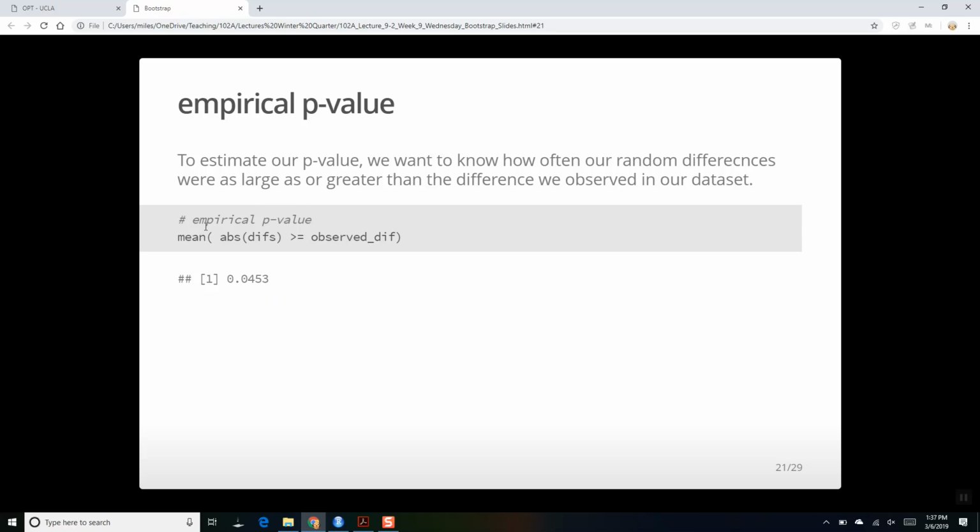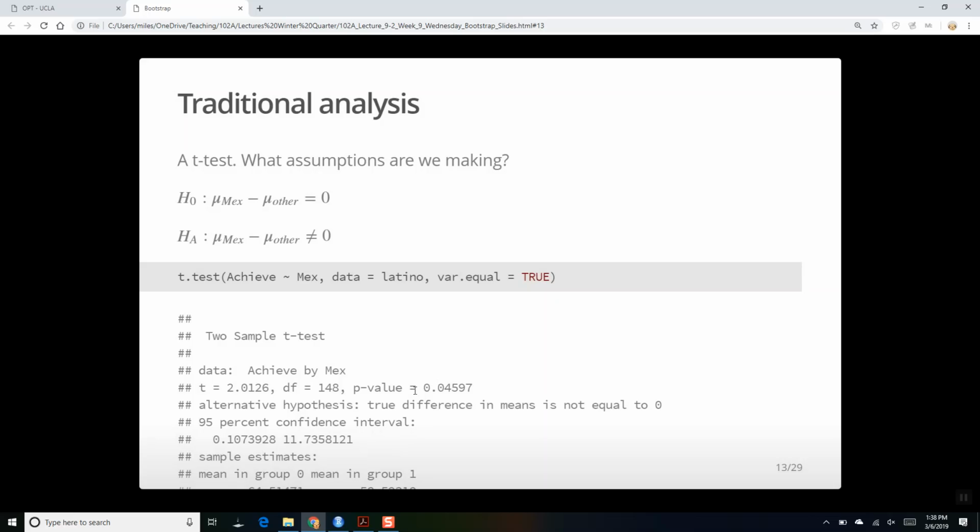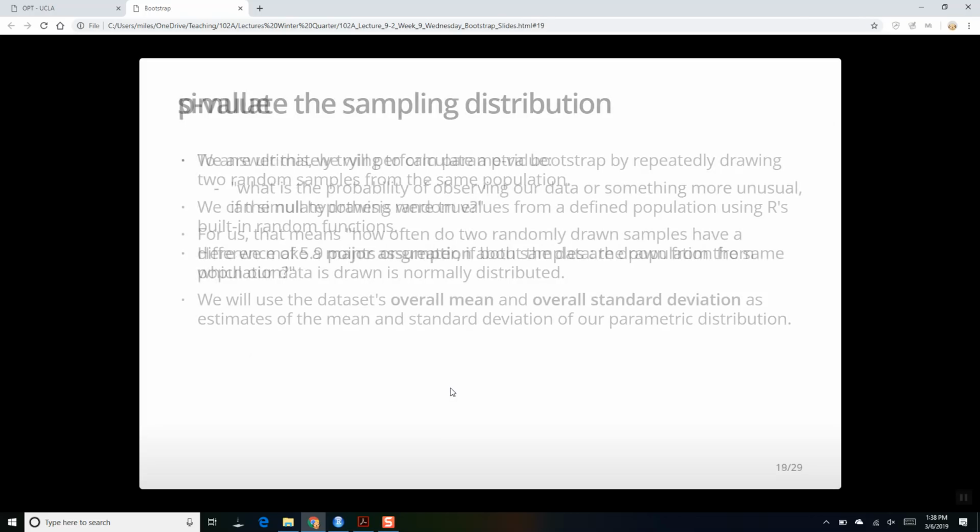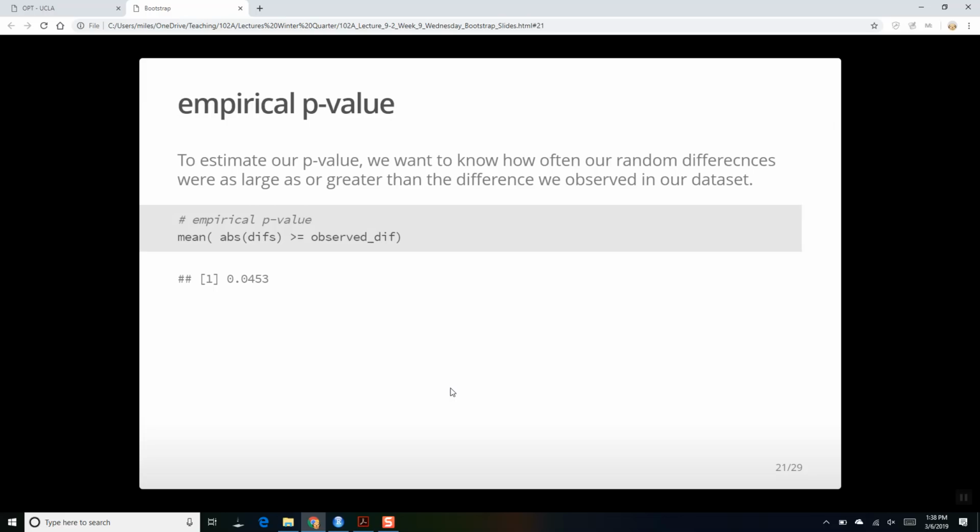After 10,000 times, it happened 453 times, or about 4.5%. That lines up almost exactly with what our t-test says. Our t-test says we're going to get about 4.6%, and by random sampling, when we created our sampling distribution, this happened around 0.0453 of the time. So just right about the same.